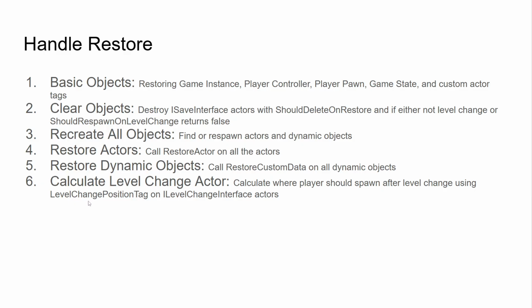Yeah. Call on restore. So at this point, all of the values, including object pointers, should be valid in all of the actors. So even if actor 1 is referencing actor 2, then that pointer is already valid at this point. The order in which they get called on restore might be a little bit random.